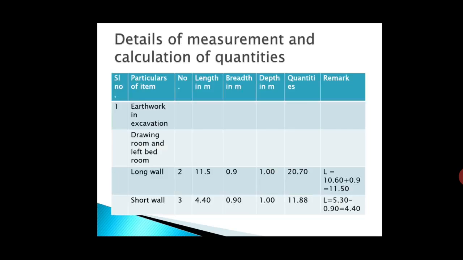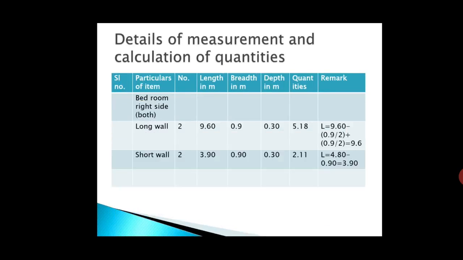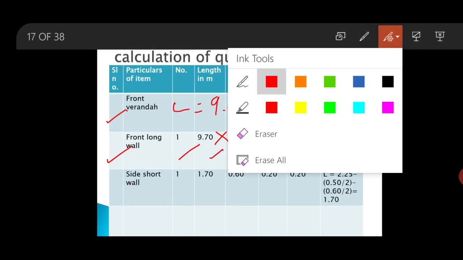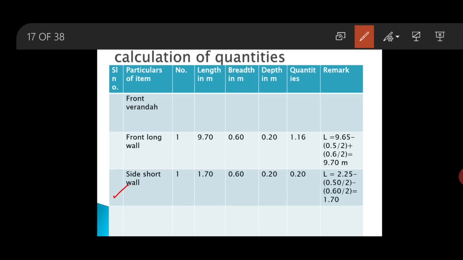Okay. So, now we will move to the details of measurement form. Here this is the short wall. So, in remark column, here this is the center to center length, that is 2.25. So, from this subtract half of the width, that is 0.5 by 2 for the 30 centimeter wall, and subtract half of the width for the 20 centimeter wall.